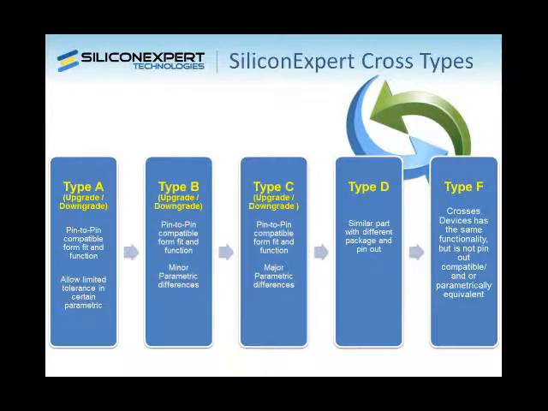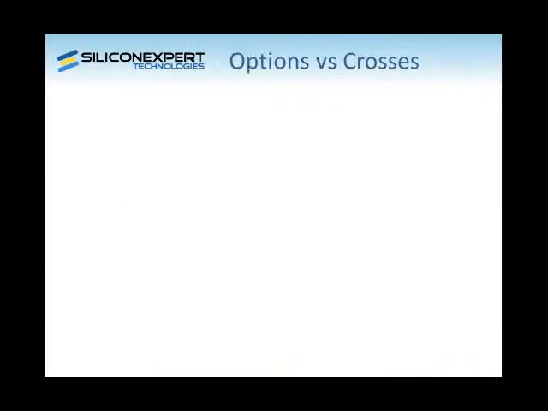So in general, A and B we've titled procurement crosses, whereas C, D, and F require engineering redesign. But it's always good to have an engineer check out the differences. Later in our presentation, we'll be showing how you can export that type of comparison between two parts and send it around to others inside of your organization.